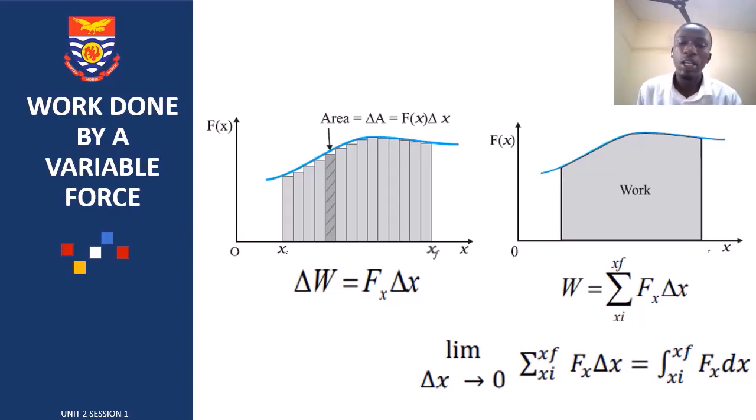If we assume that the Fx versus x curve is divided into a large number of intervals, then the total work for the displacement from xi to xf is approximately the sum of such terms.